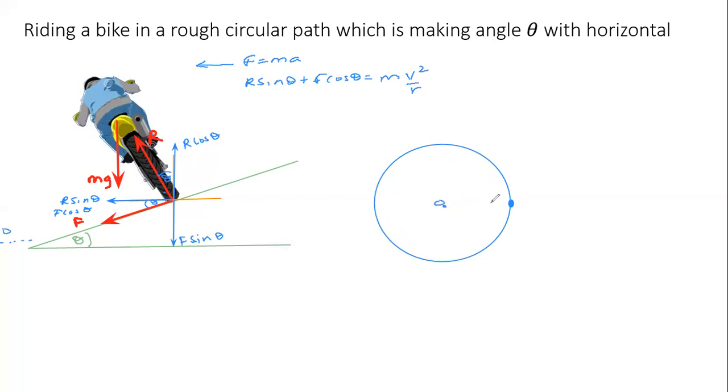In order to write it down, I want to get the net force. Now this net force has one component R sin theta, and another component F cos theta in the horizontal direction to the left. We have both in this direction. Is that clear? Yes. Okay.